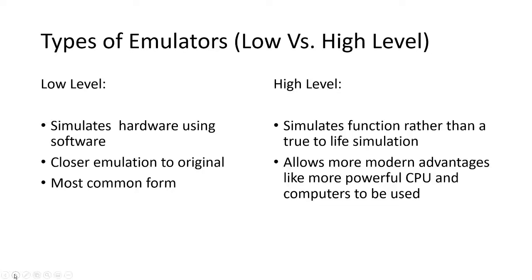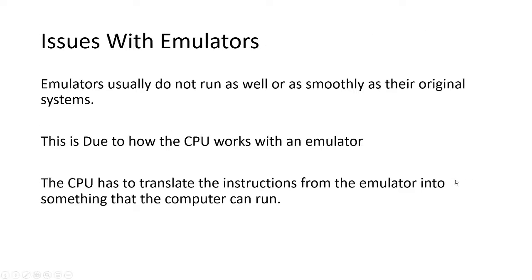A modern system with the latest hardware is significantly more powerful than an N64 or a GameCube or a Wii, and therefore, with a low-level emulator, it won't be able to take advantage of all of that, while the high-level will be able to take advantage of all those new technological advances. And this makes high level extremely much harder to make than a low level. That being said, low levels are still very useful.